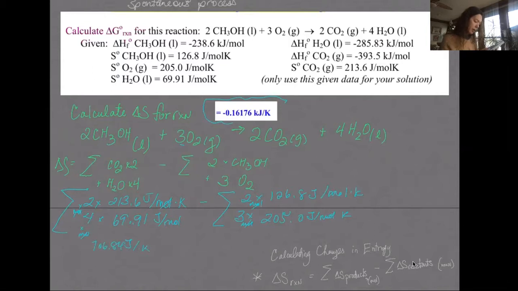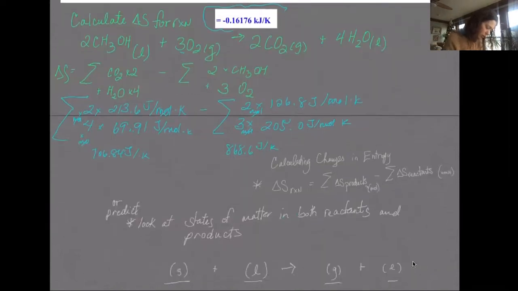And then over here, 2 times 126.8 plus parentheses 3 times 205.0, let's see, 868.6 joules. Okay, those units look weird.